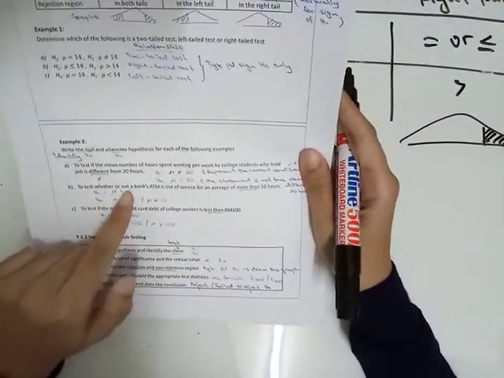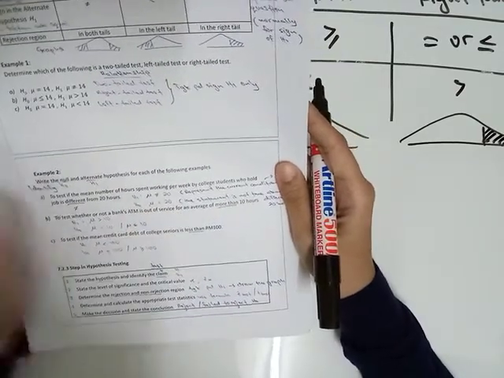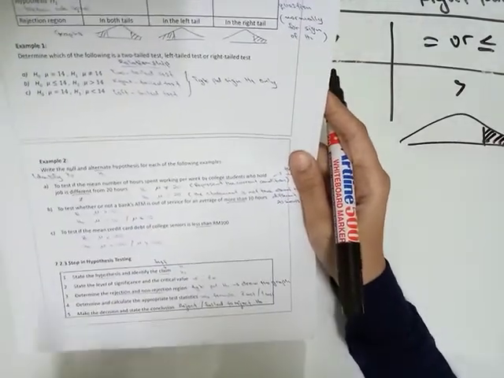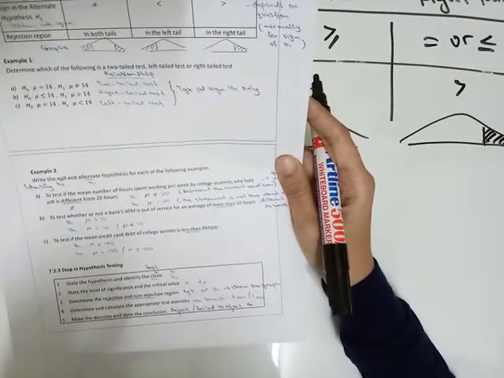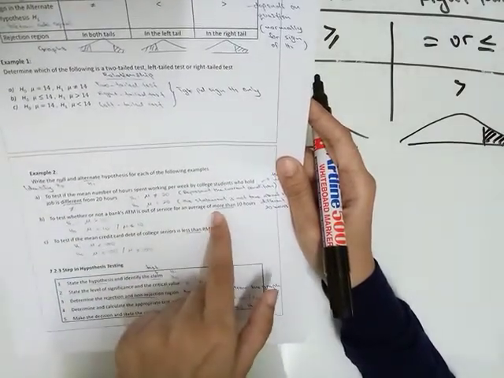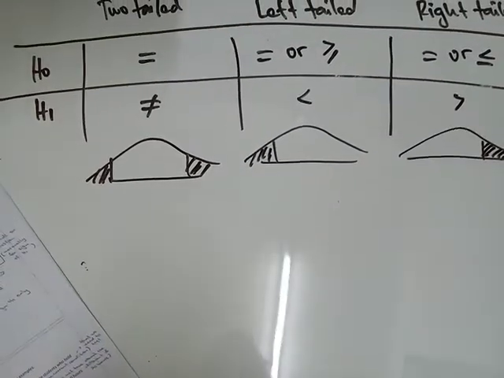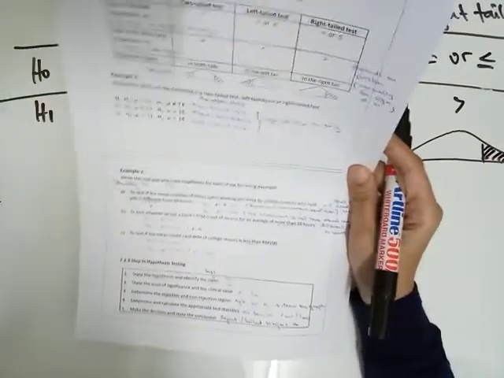To test whether or not a bank's ATM is out of service for an average of more than 10 hours. So what is the keyword, what hint does it give? It gives more than 10 hours. We look at the sentence given: more than 10 hours. What is the sign for more than? Since it is more than, it goes in H1.